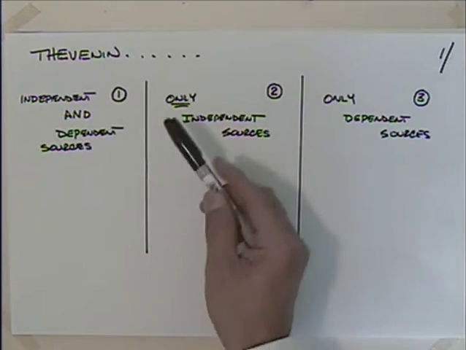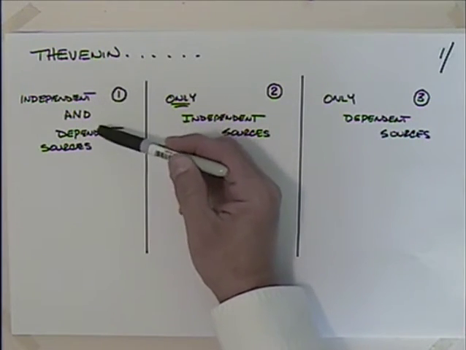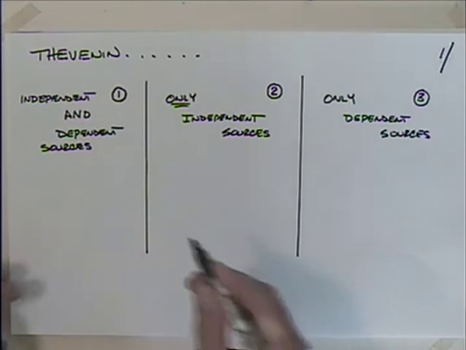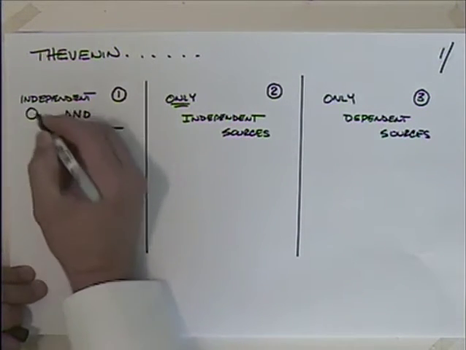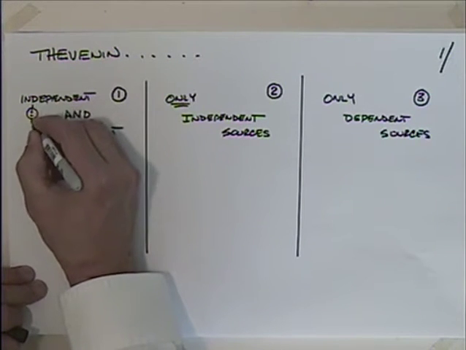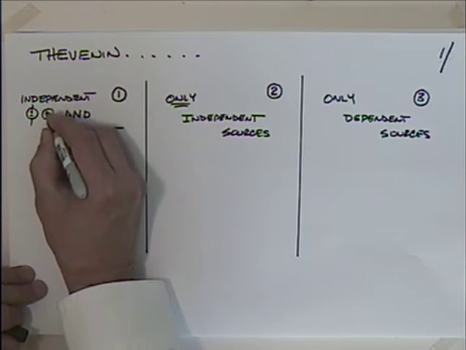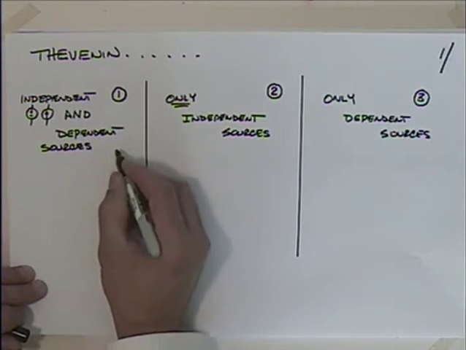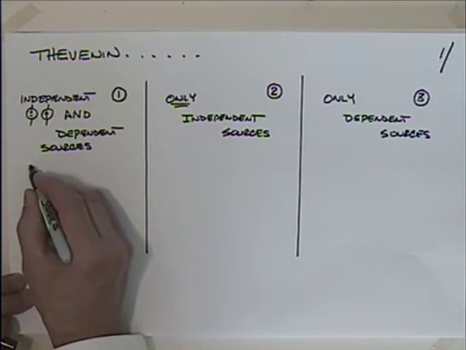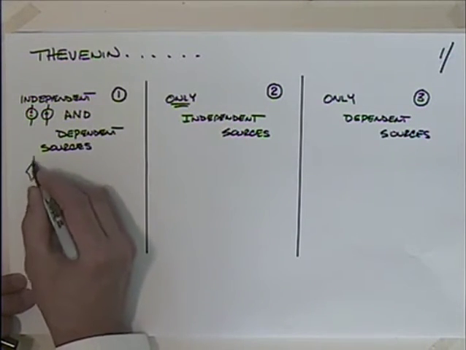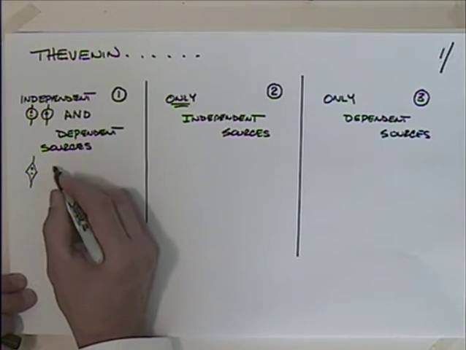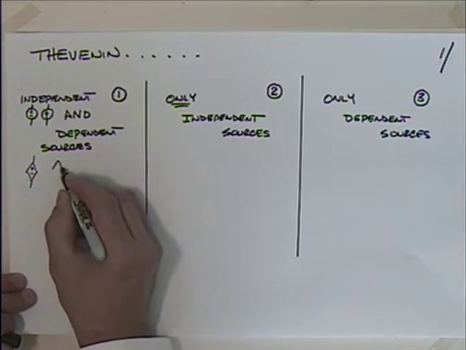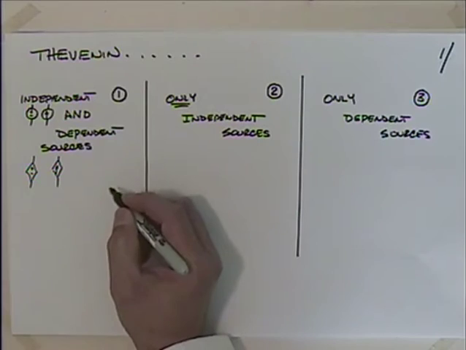One type of problem is a circuit that has both independent and dependent sources. So it's going to have both independent, those being the voltage sources like this and current sources like this, and then dependent sources, and we have a variety of those, the diamonds, whether that's a voltage source controlled by a voltage or a current, or a current source controlled by a current or a voltage.